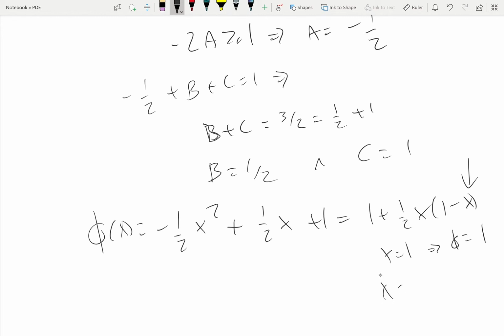And when x is equal to 0, phi is still equal to 1. And anything bound between 0 and 1 implies that phi of x is greater than or equal to 1, by addition of non-negative numbers.